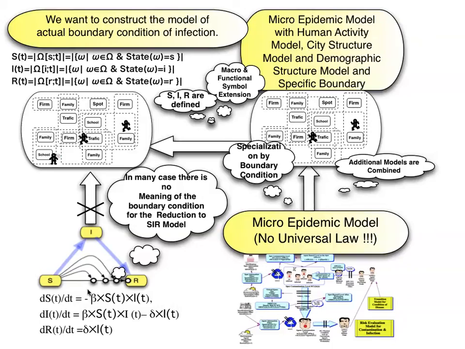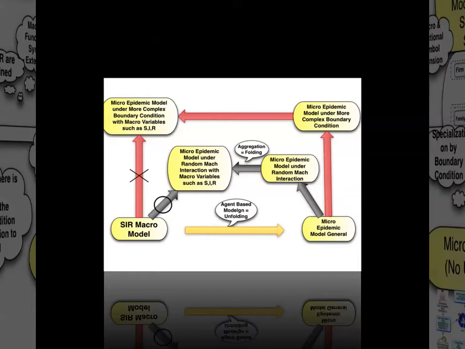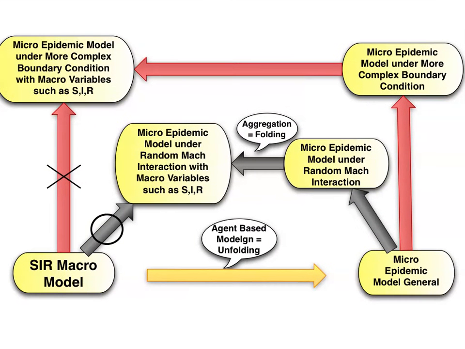So we unfold that hidden boundary condition and induce a micro model. Then we can add a different, more detailed or realistic boundary condition, and the result is quite different from the macro model. So that kind of relationship is essential.